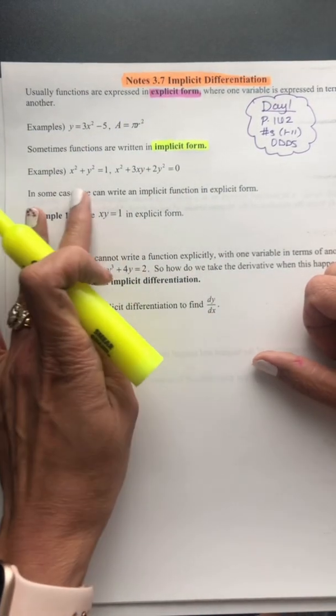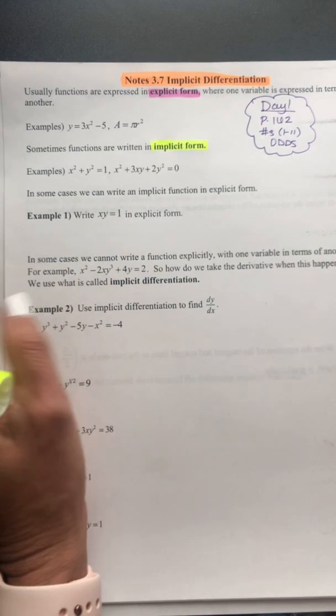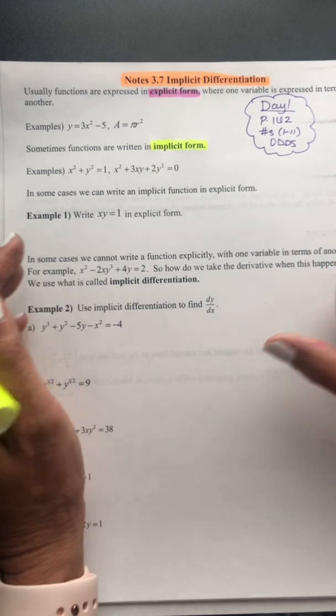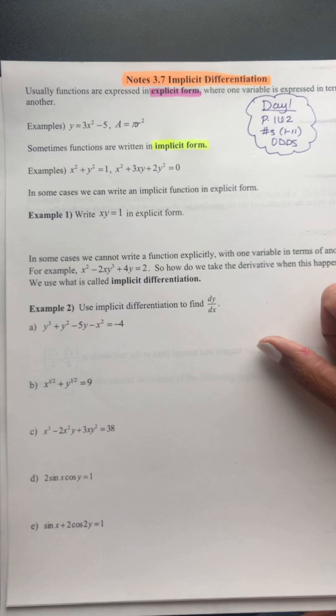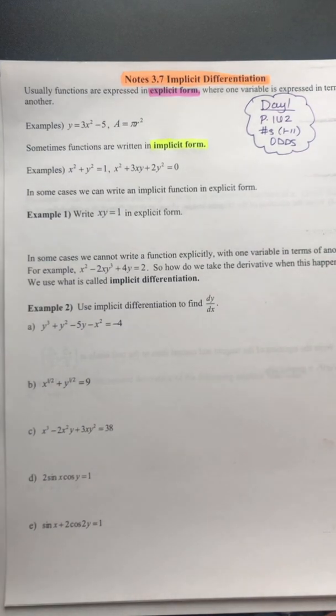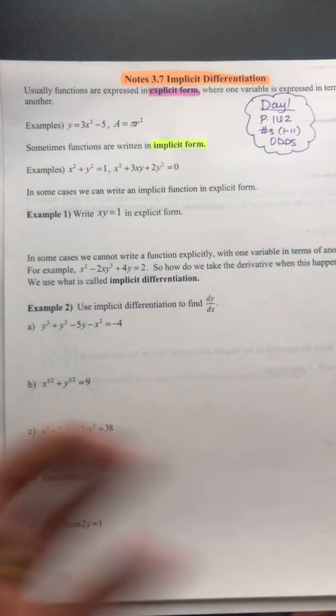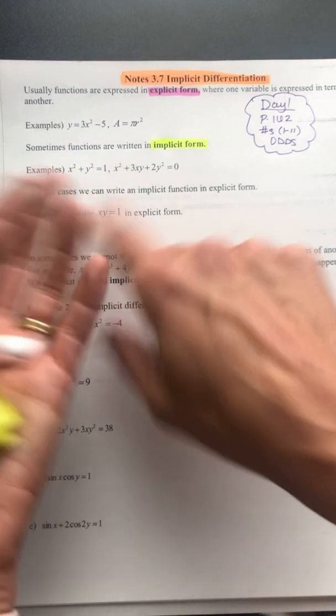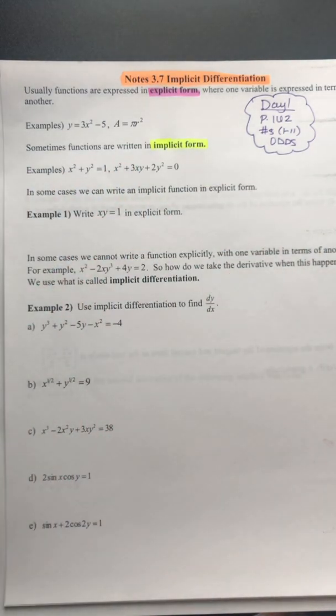Examples of that would be x squared plus y squared equals 1. It doesn't say y equals or x equals. Or x squared plus 3xy plus 2y squared equals 0. Again, it's not explicit x equals or y equals something. It's a combination of the two, and they're not easy to solve for a single variable.